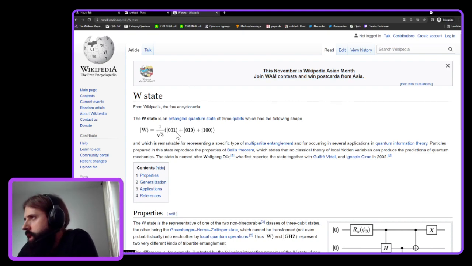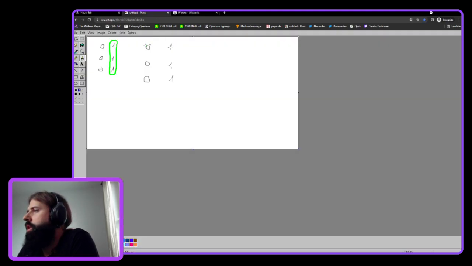Another way would be that I know that if, for example, the top qubit is 0, right? It's kind of making it a conditional. If I know the top qubit is 0, then I know that either you have 0, 1 or 1, 0, right?